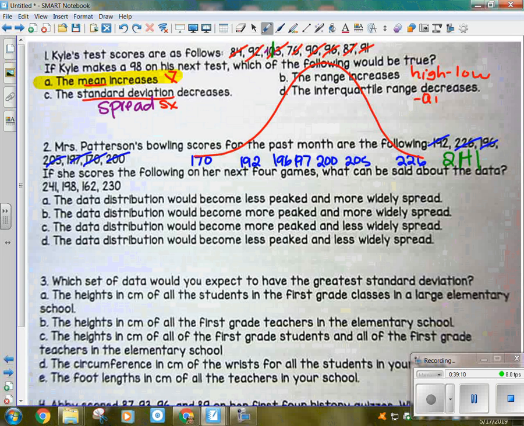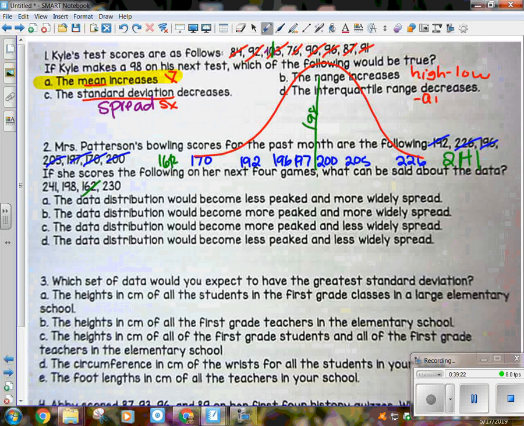She blew her average out. 198, right here in the middle, another 198, 162, ooh, had a bad day. And then 230. So she really did change those. She scored those on the next 4 games.